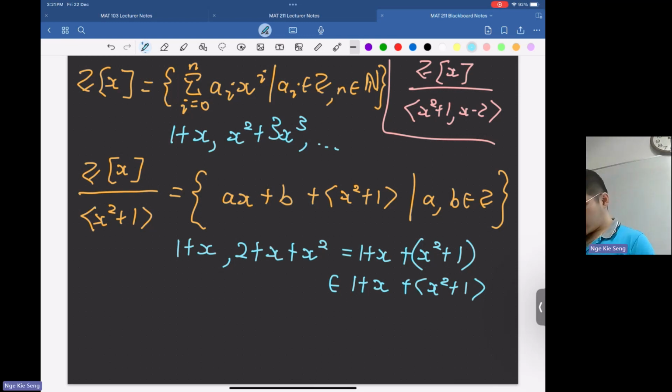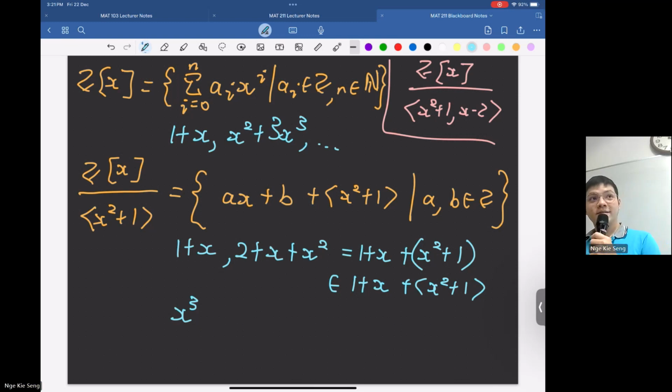So maybe another question. Which coset does x cubed live in? Who has the same coset as x cubed? Minus 1?